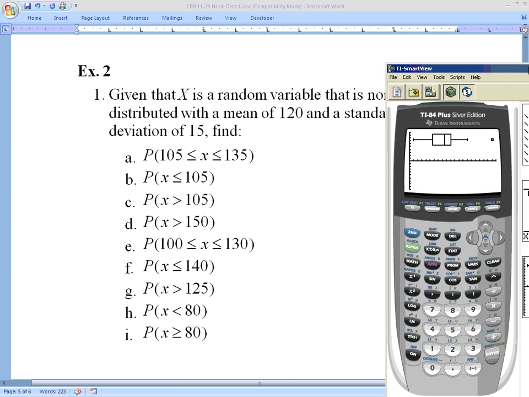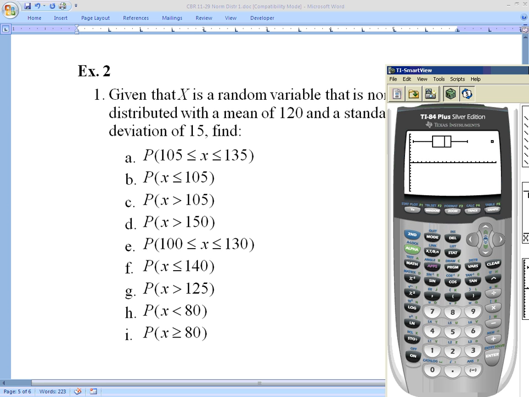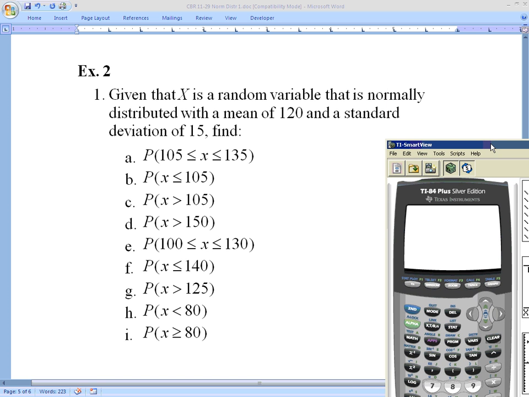Got a calculator here that I'm going to pull up. I don't really need it for this first one, because you'll notice that in a normal distribution, my mean is right here, and in this case our mean is 120.